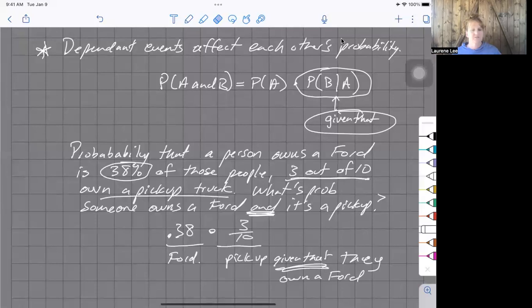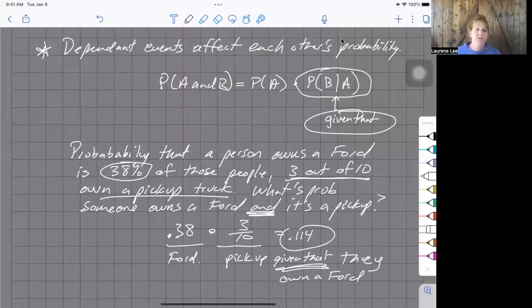And then you just multiply those together. So again, it's kind of an intuitive adjustment that you make. It doesn't feel to me like a fully different problem because you're still just taking those two probabilities and multiplying them, okay? It's just sometimes one depends on the other. So for this, just to finish this off, I would multiply this out and I get 0.114. So roughly 11.4% is the probability of finding somebody that owns a Ford and it's a pickup truck.